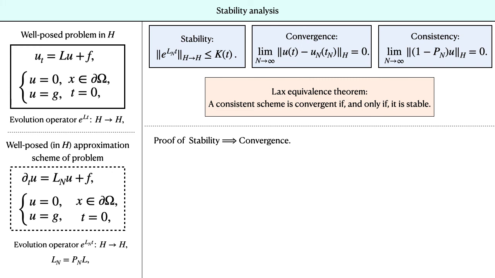In short, if you want to prove that your spectral method scheme converges, you look at the approximated problems you get for each capital N and the corresponding solution operators. If the solution operators are uniformly bounded in capital N, then you have convergence by the Lax equivalence theorem.